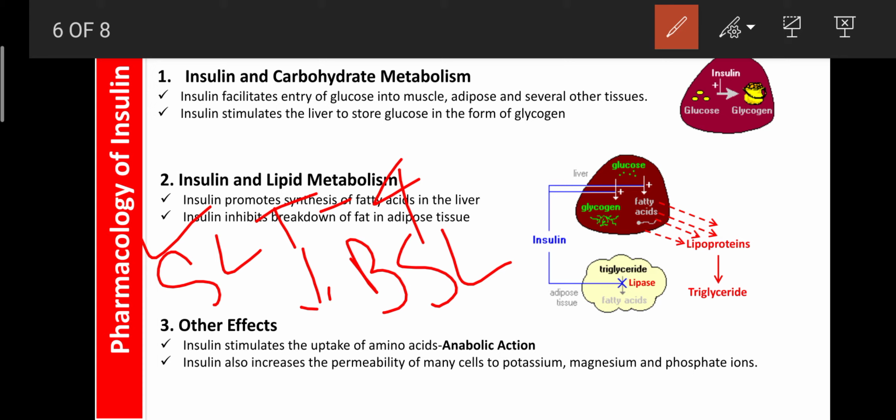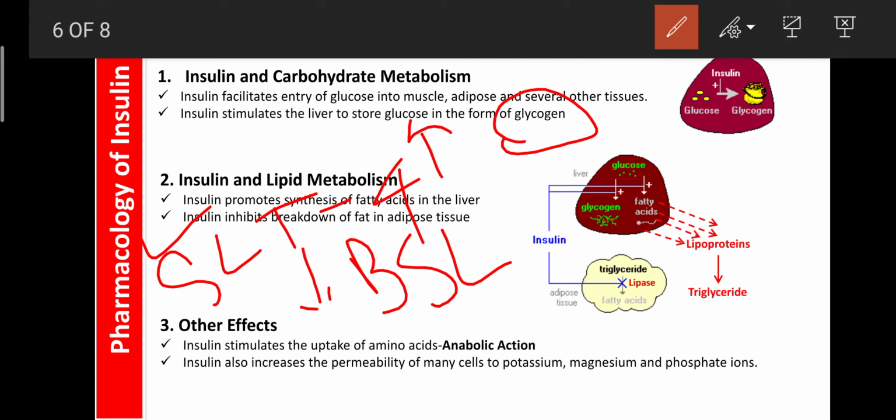And insulin also stimulates the formation of glycogen from the excess glucose in the liver. It means insulin stores the excess glucose in the form of glycogen in the liver, okay, by enhancing the glycogen synthetase enzyme.